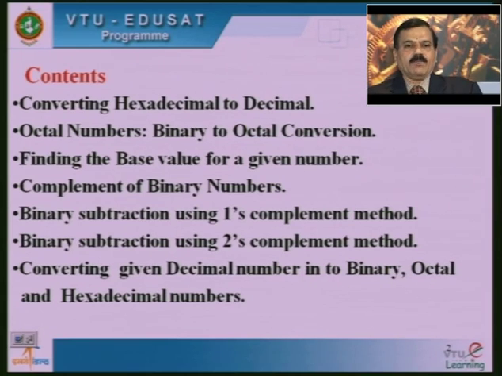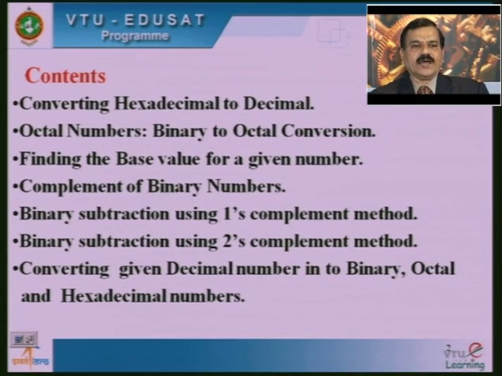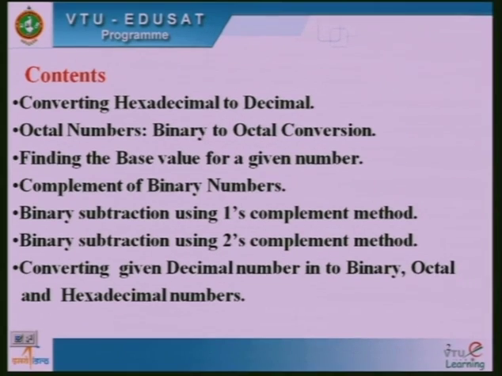Under that, binary subtraction using the ones complement method, and we are also executing binary subtraction using the twos complement method. Converting a given decimal number into binary, octal and hexadecimal number is given as an example at the end of the session.